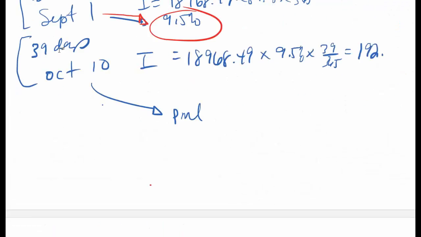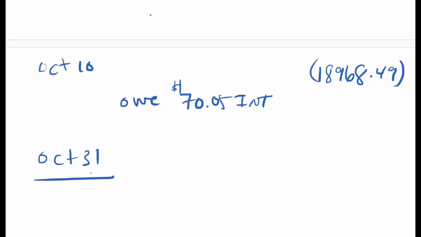On October 10th, my balance owing is still $18,968.49. I couldn't reduce it because I didn't pay enough to reduce it. I still owe $70.05 in interest.